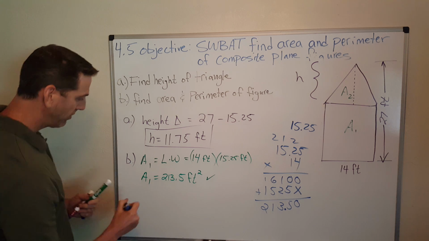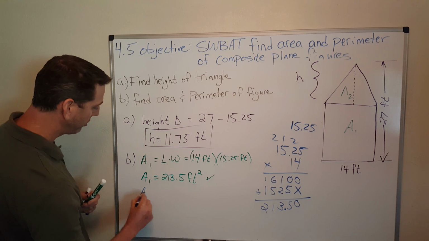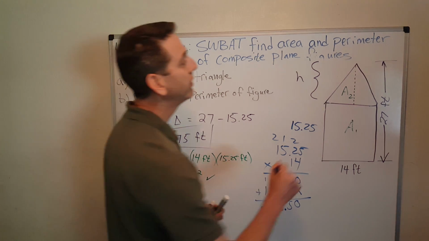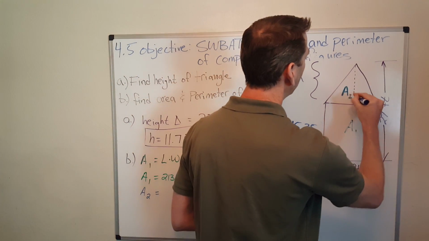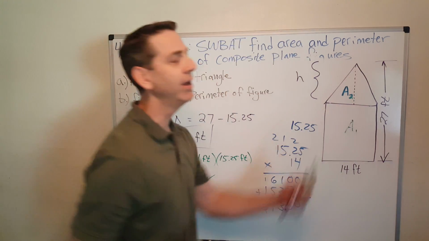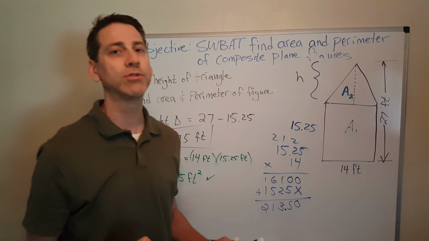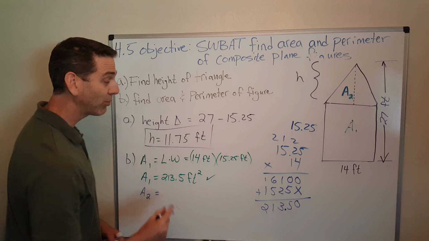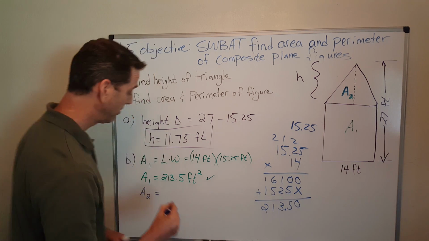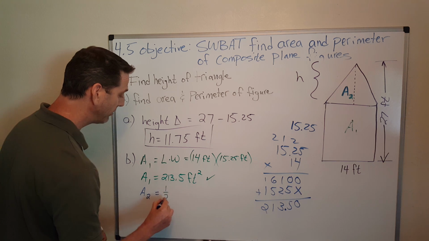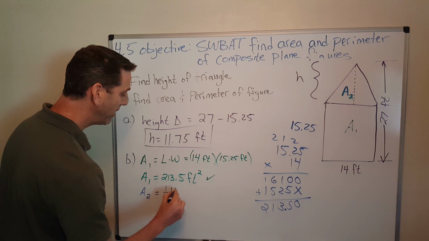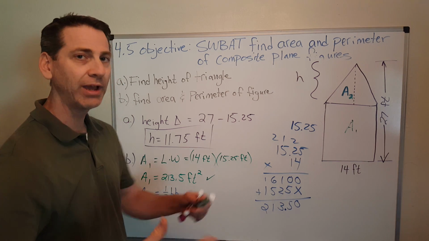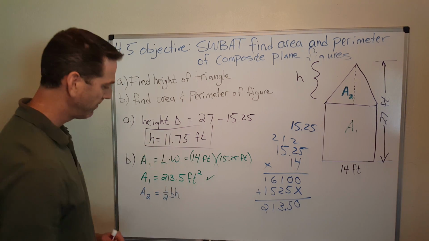Okay, let's do a different color here. So area 2, that's a triangle. Do you know the formula for the area of a triangle? Well, a triangle is just half of a rectangle. So I could find it as 1/2 base times height, or base times height divided by 2, same thing.